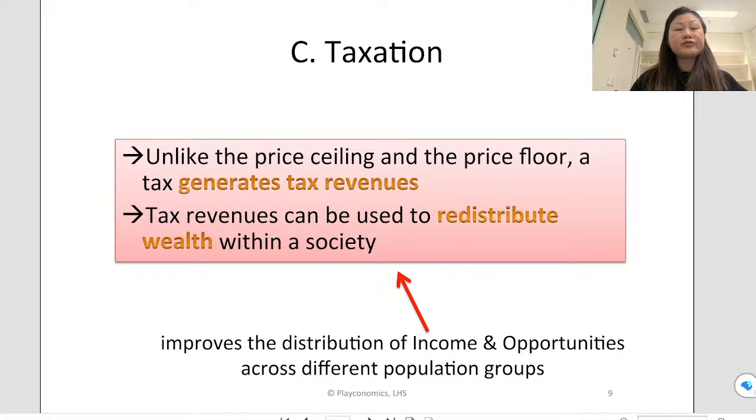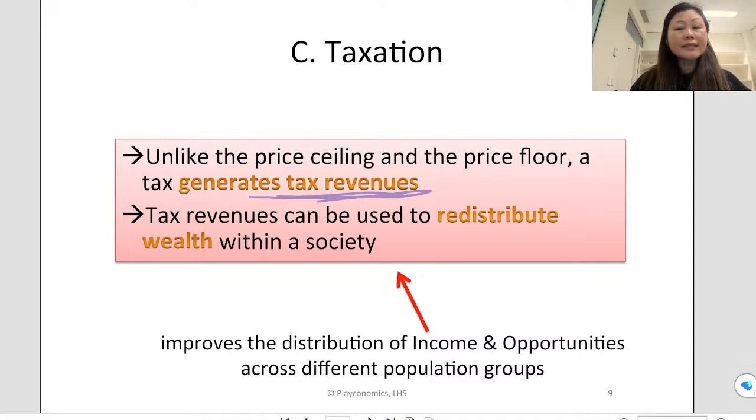Now, I'm going to finish off today's lecture with the concept of taxation. Something that is an intervention by the government as well. Now, unlike price ceiling and price floor, a tax generates tax revenues. Actually, I'll wait till I use the graph before I talk about tax revenue.